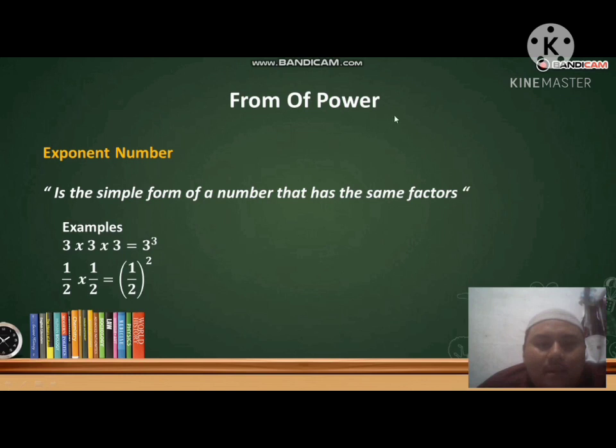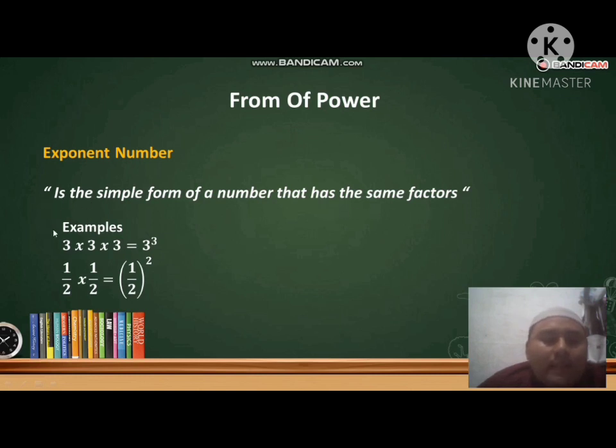Okay friends, the power form includes exponent numbers. What are exponent numbers? An exponent number is a simple form of a number that has the same factor.